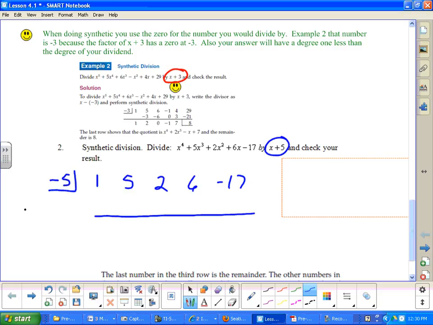So the first step is always bring down this number here. So we bring down that 1, okay, or whatever that leading coefficient is, that comes down first. Then we multiply. Negative 5 times 1 is negative 5. And then we combine them. 5 plus negative 5 is 0.